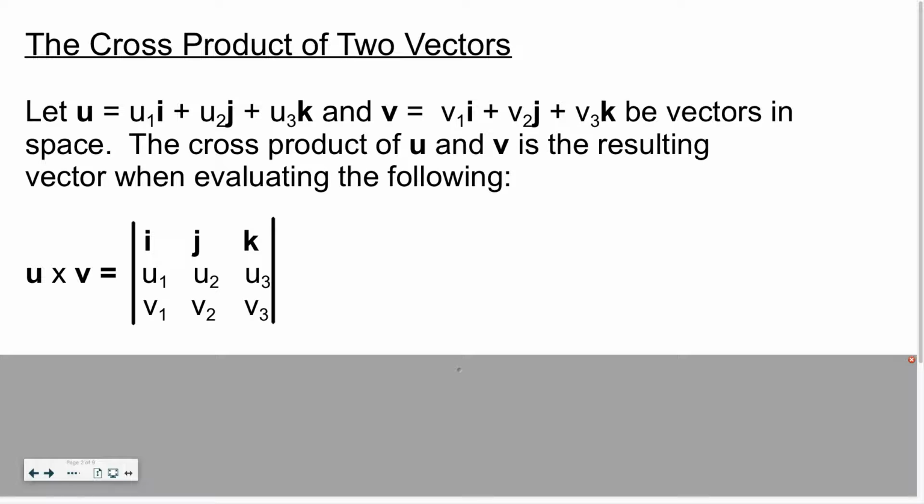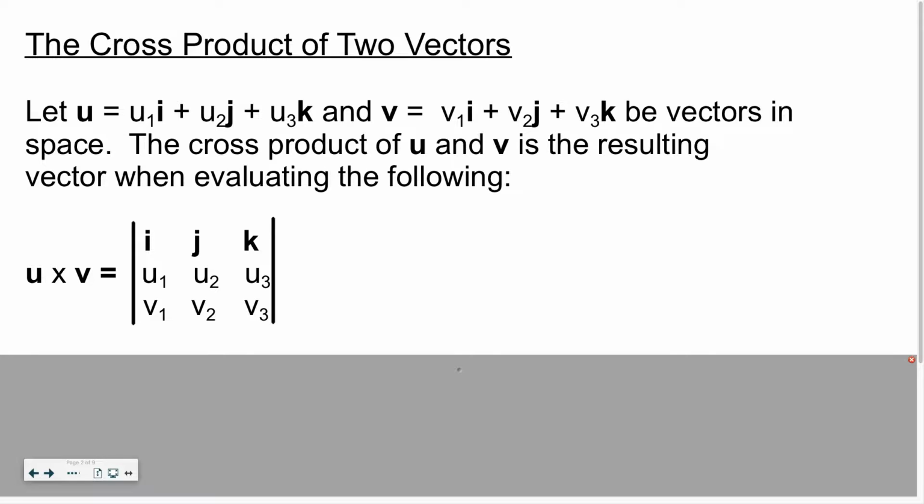Okay. i, j, k will be that first row. And so every time you do a diagonal, it's going to have an i or a j or a k in it, because our answer needs to have i, j, and k since it's going to be a vector.